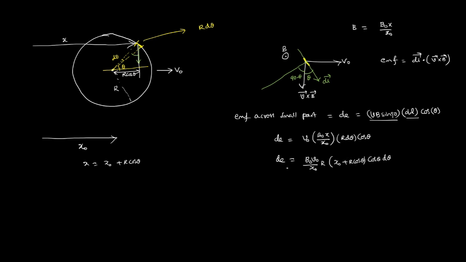Okay, hope you understood this. So this is the EMF in the small part, but I want to find the EMF in the entire ring. For that I need to integrate from 0 to 2 pi. If I integrate, b0 v0 r by x0 will come out.